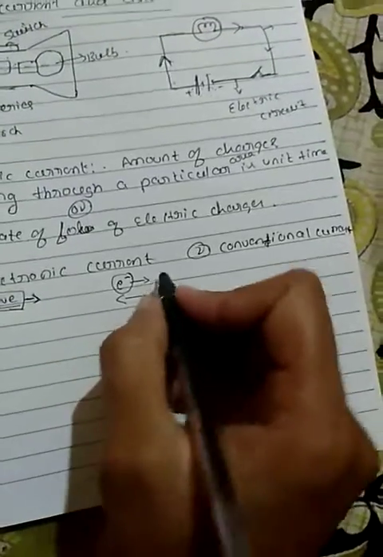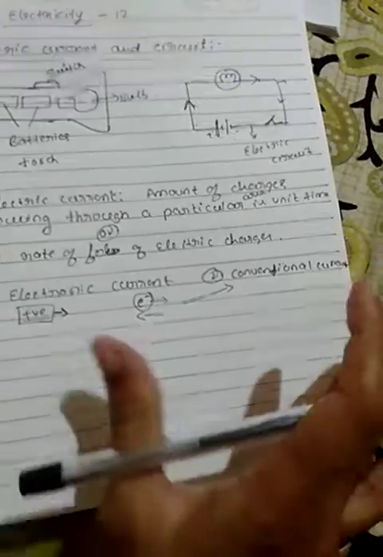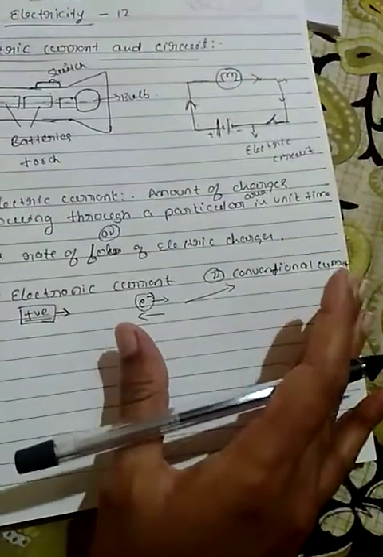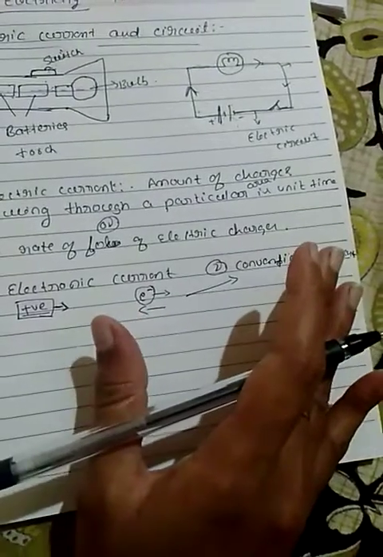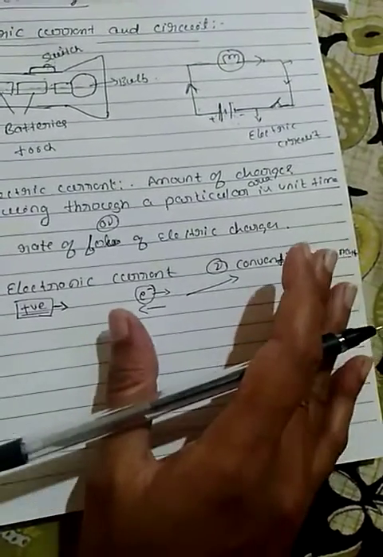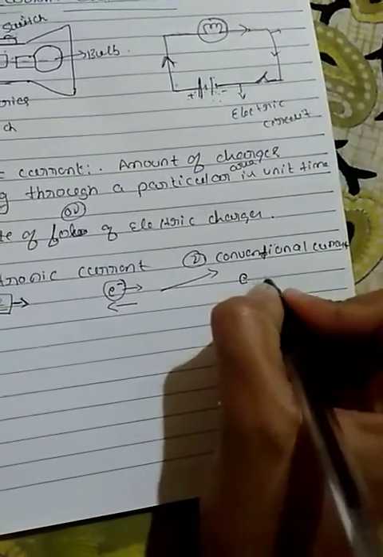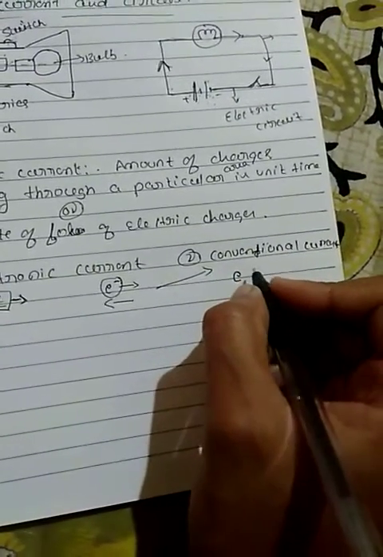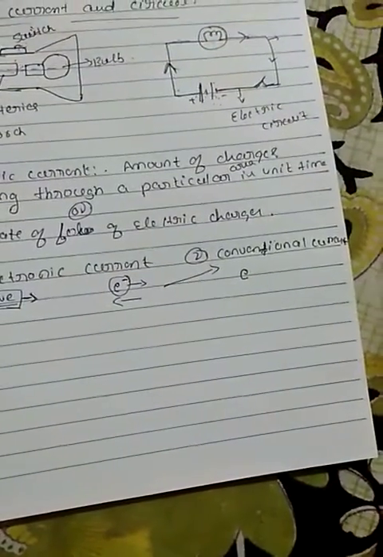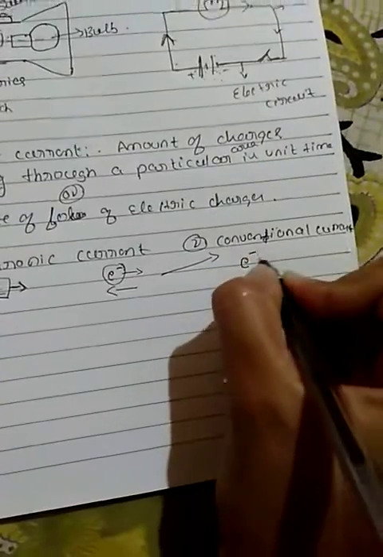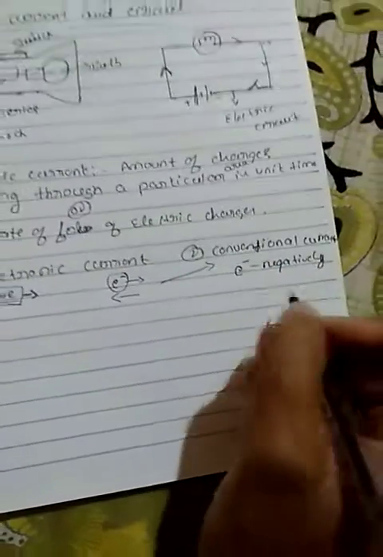Remember that this is the conventional current, and now we follow conventional current. Conventional current means that the direction of electric current is taken as opposite to the direction of flow of electrons. The electrons are negatively charged.